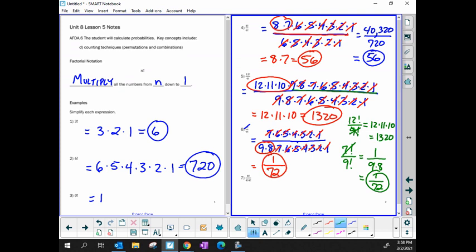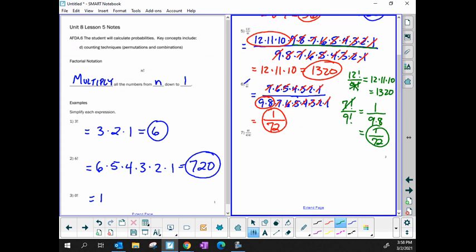Then what about a fraction like this where we have 2 factorials on the bottom? What I'm going to do is use one of those factorials to cancel out as much of the top as I can. So I'm going to cancel out that first 4 factorial. Let me write this a little bigger: 8 factorial over 4 factorial times 4 factorial. I'm going to use the 4 factorial to cancel out as much of that 8 as I can.